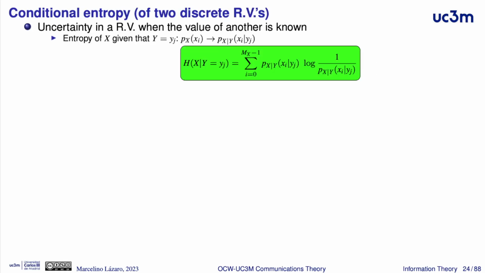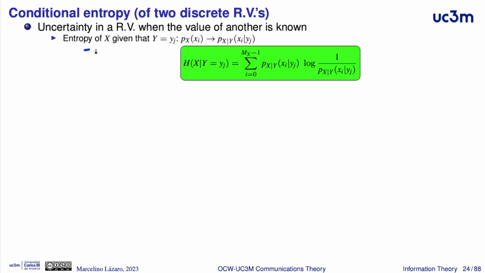The conditional entropy of two discrete random variables is a quantitative measure of information that quantifies the uncertainty that we have in the outcome of a random variable when we know the result of the other random variable.